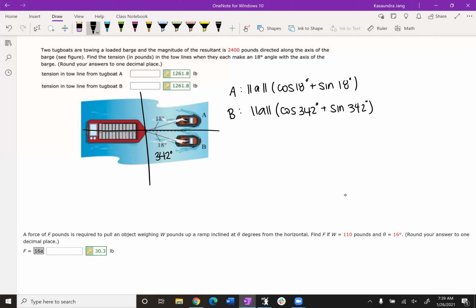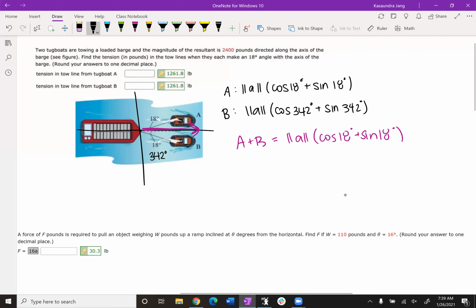Okay, now these two added together is going to go to where the boat is going, down the middle here. That's like between your positive 18 and negative 18 is 0. So going down the x-axis at 0 degrees. So what I want to do is A plus B. Oh, I didn't put the i and the j in here.